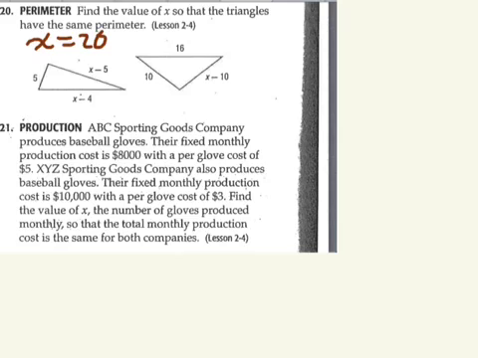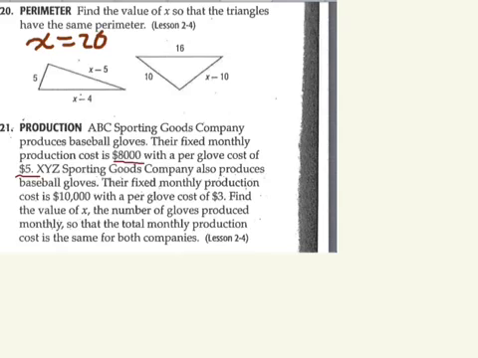I worked with one of your classmates on this problem, and I didn't find the wording super easy to understand in number 21. But the gist of it is that you've got one company whose production cost is going to be given as $8,000, and then added onto that production cost is $5 per glove.